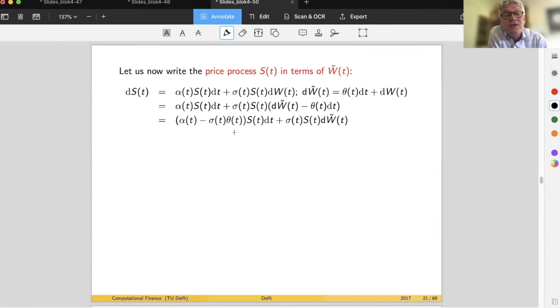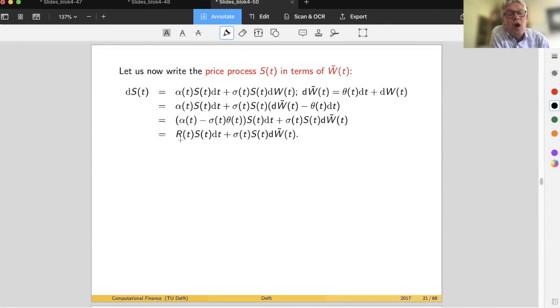And if we substitute for this one the expression that we know, that was alpha_t minus R_t over sigma_t, we see that the sigma_t will cancel out, and also the alpha_t will cancel out, and what remains is in fact the R_t S_t dt.